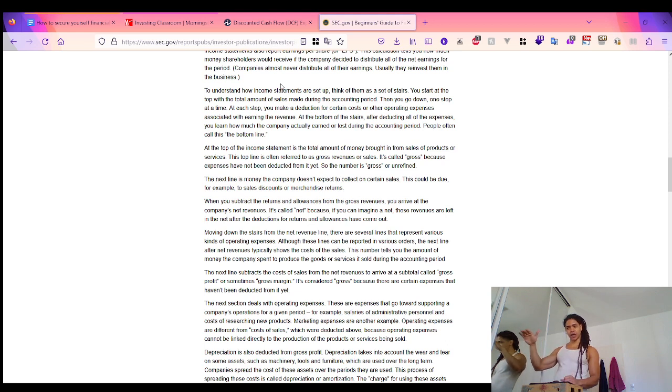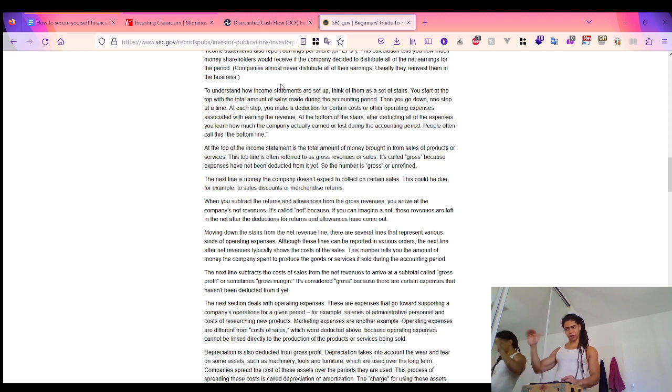At each step you make a deduction for certain costs or other operating expenses associated with earning that revenue.